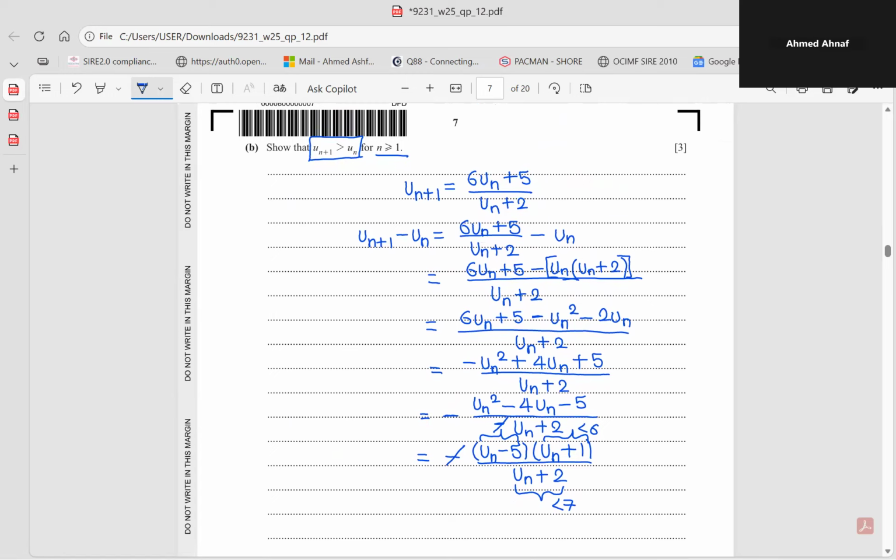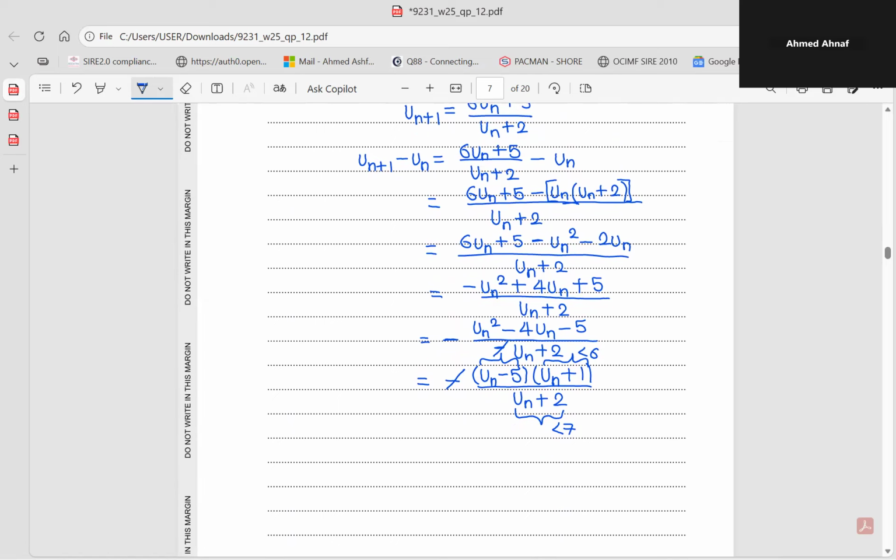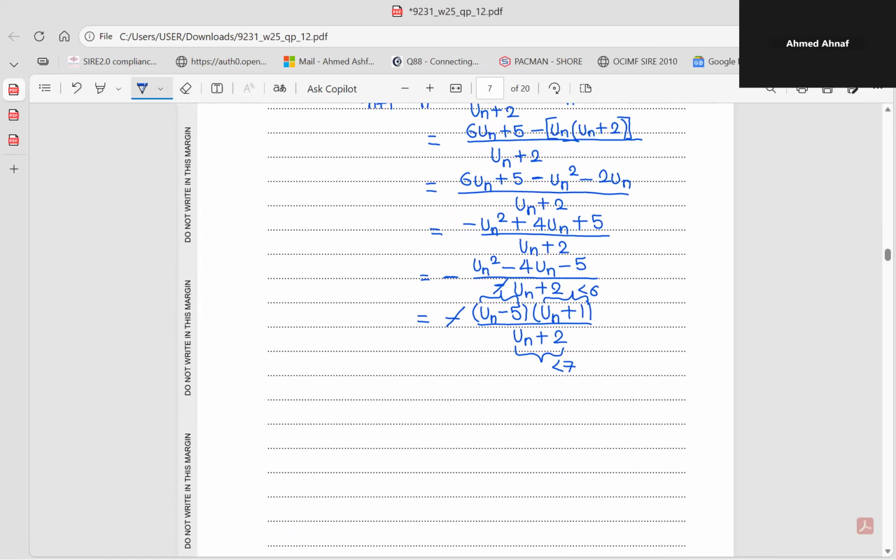Yes, so less than 7. Yeah, so I believe we can assume that this can be more than 0, that this is positive, okay? Or you can do your long division to convince yourself, okay?